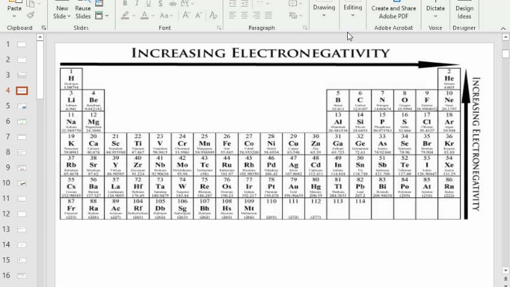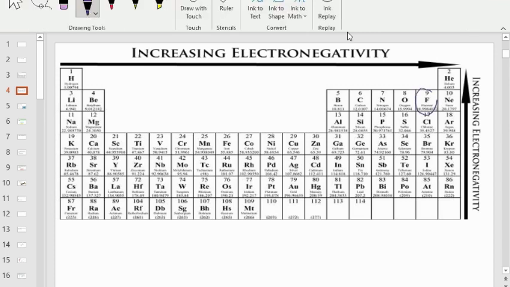Remember, fluorine is your highest electronegative element out there. Okay, francium is one of the lowest. So when we're looking at electronegativity differences, if this is like a 4 and this is a 0.7, what is the greatest electronegativity difference we can have? 3.3.